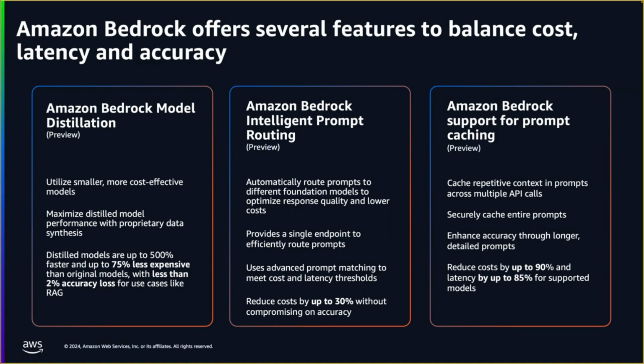So Amazon Bedrock model distillation is available in preview, intelligent prompt routing is available in preview, and support for prompt caching is also available in preview. Stay tuned. Look for when these features will be available in GA. Model distillation and intelligent prompt routing you can try now, or for prompt caching, you can reach out to your account teams to enable the preview for you.